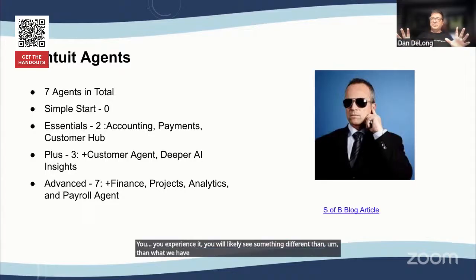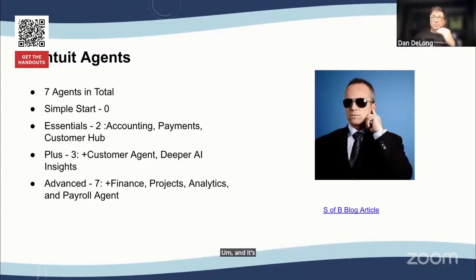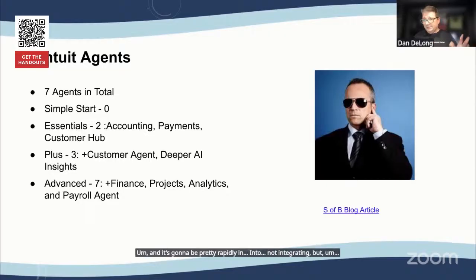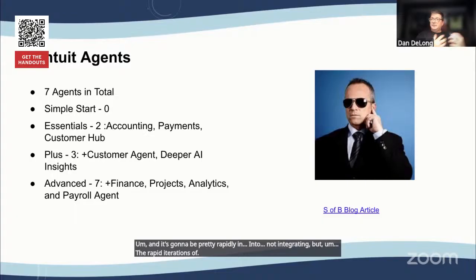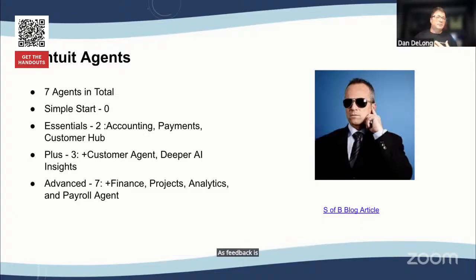This is the whole idea of what these agents are designed to do, and it's going to be pretty rapid iterations of, as feedback is provided about what these agents are or are not doing, then they will likely change and get updated, right?